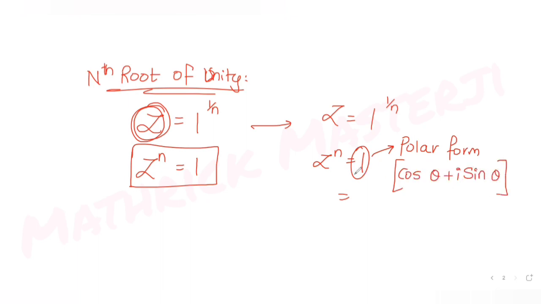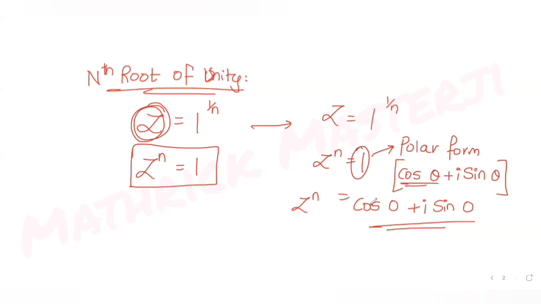There is no term of i, so the real part I can write as cos of 0, because the real part is in terms of cos, plus i sine of 0. So I can write z raised to n as cos 0 plus i sine 0 in the polar form.